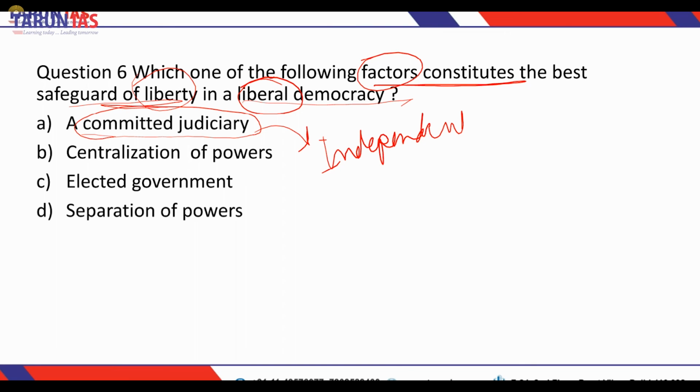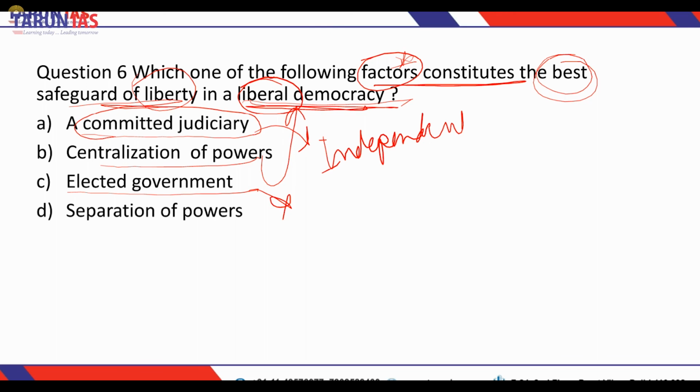It will ensure that every citizen has access to the constitutional remedies. But the best has been asked for a liberal democracy. Centralization of power is not a feature of liberal democracy. There is separation of powers, but we have to choose the best option. Elected government may not be a safeguard.